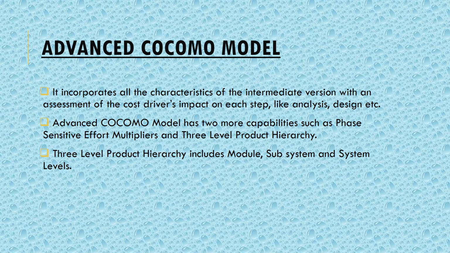This hierarchy includes all the cost drivers at all the three levels: it defines at module level, it defines at the subsystem level, and after integrating all the modules, at the system level. So all these cost drivers were analyzed at each step of the project development. Therefore, we are calling it the advanced COCOMO model or the complete COCOMO model.